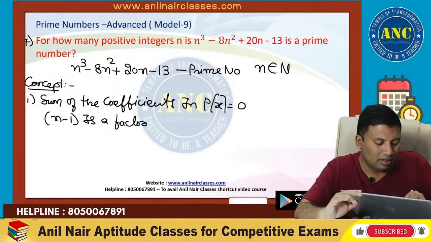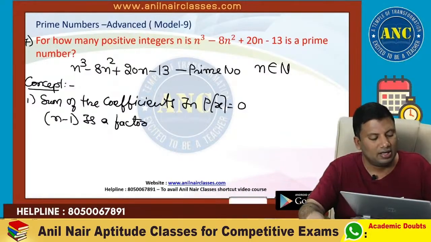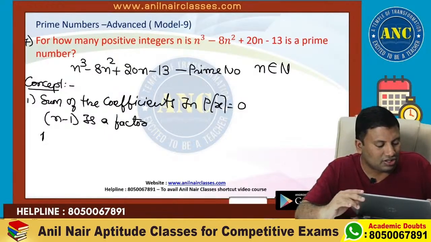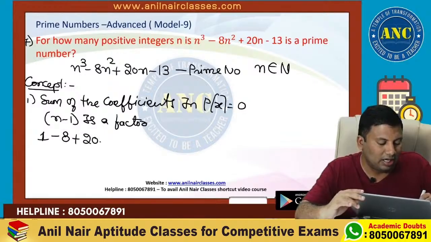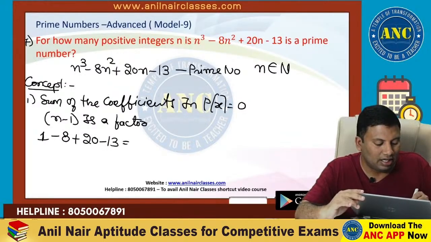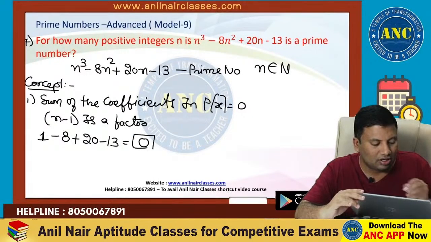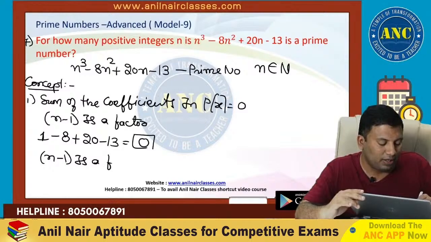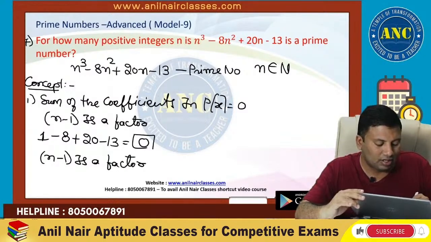So let us see: coefficients of n cube, 1 minus 8 plus 20 minus 13, 21 minus 21, 0. That means n minus 1 is a factor of P of x.